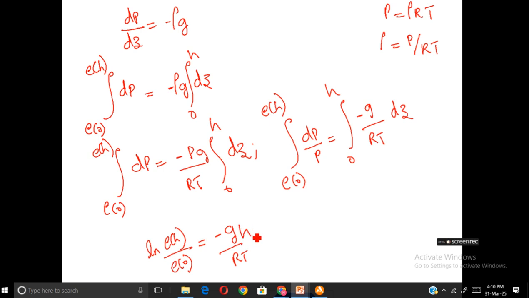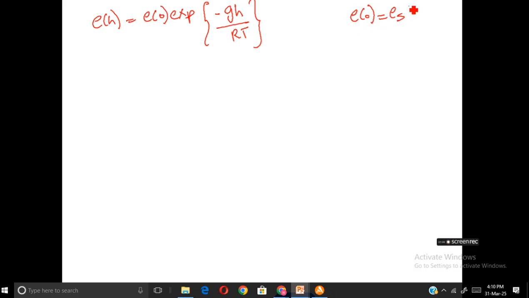Or we can again simplify it into E of h is equal to E of 0 into exponential minus gh by RT. Under equilibrium, E of 0 is equal to Es of infinity and E of h is equal to Es of h.